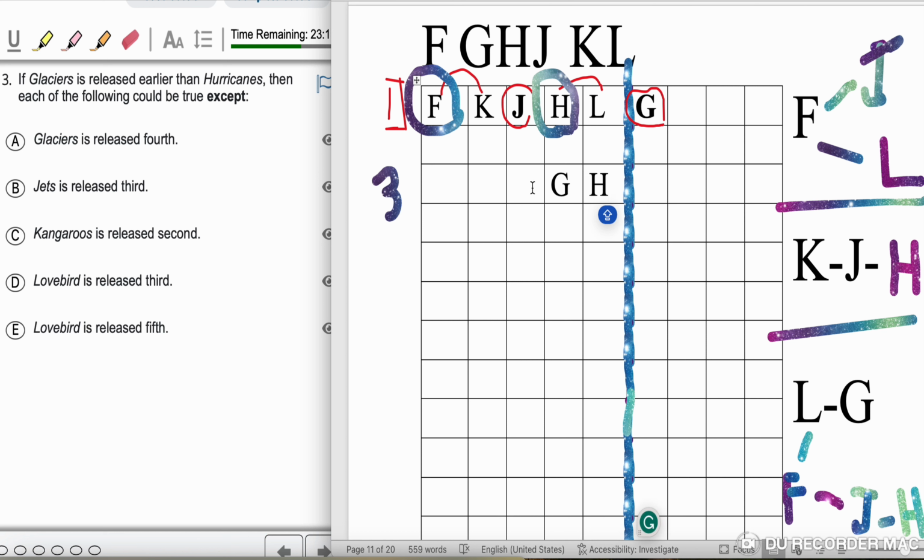Then I have to make sure that L is over here. I'm going to put a position of L, then a position of F, J.